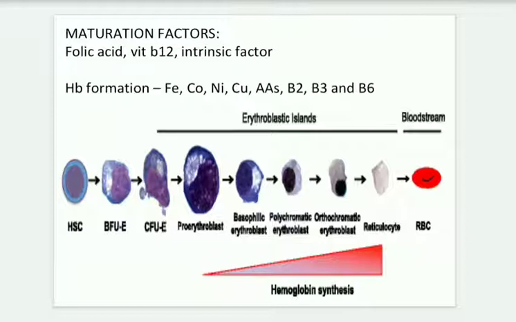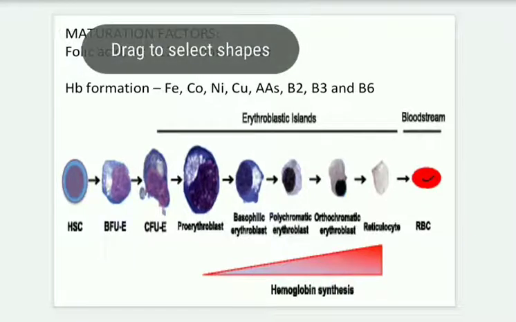And next, at the end, you can draw a diagram like this: hemopoietic stem cell and colony forming unit erythrocyte. Next comes the proerythroblast, basophilic erythroblast, polychromatic erythroblast, orthochromatic erythroblast, reticulocyte, and then the matured RBC.